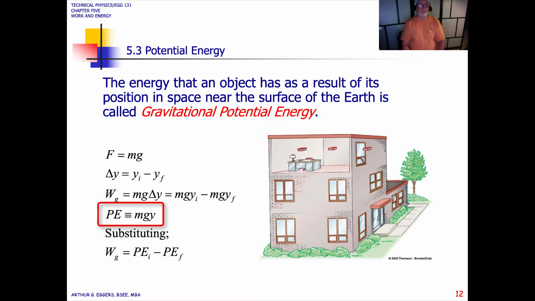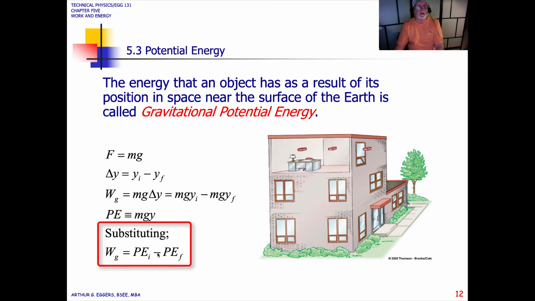And now substituting back, we can say that the work due to the gravitational acceleration is equal to potential energy initial minus potential energy final. We can see from the diagram here that in every case, the potential energy is relative.